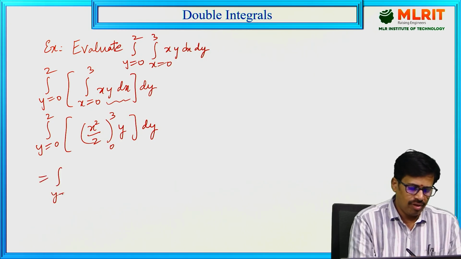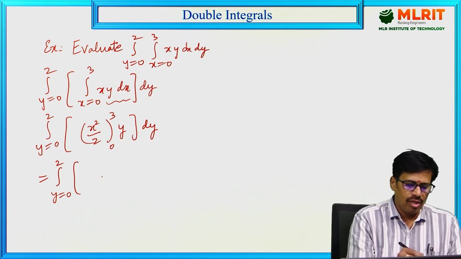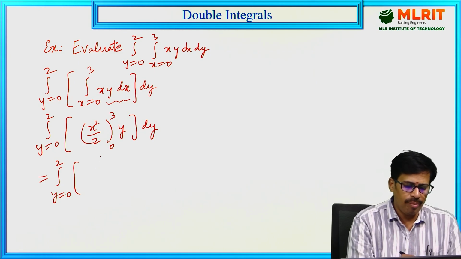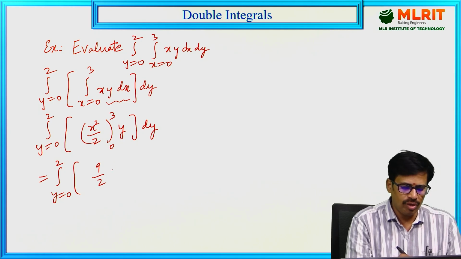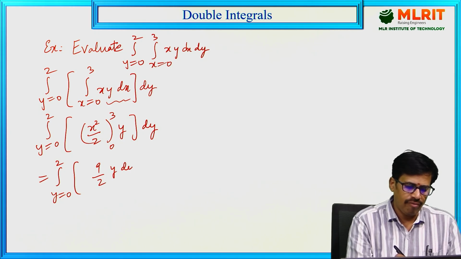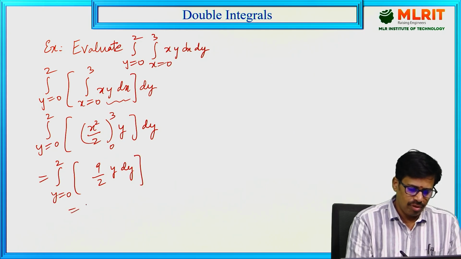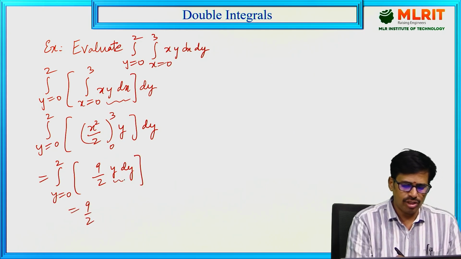So y is equal to 0 to 2. Substitute the lower limit and upper limit in place of x. X square means 3 square, that is 9 by 2, minus the lower limit 0, into y dy. So 9 by 2 into, what is the integration of y dy?